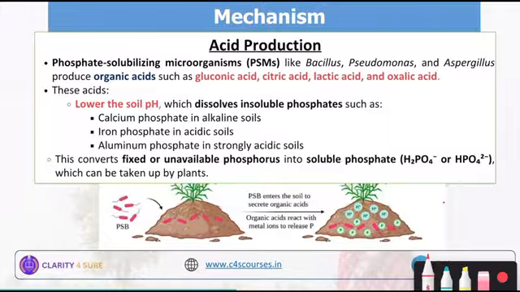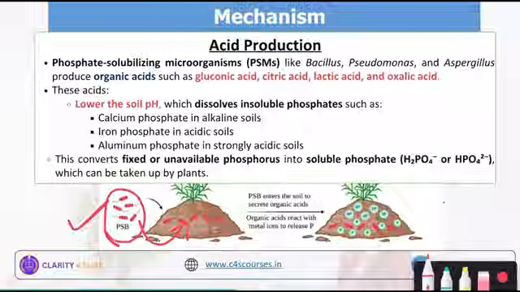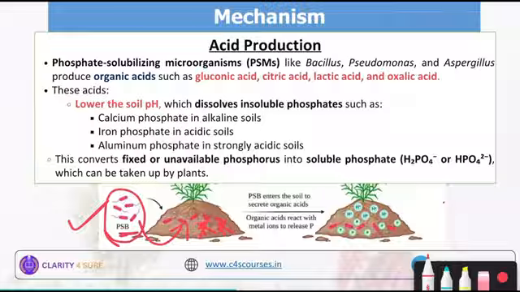So the first thing, from this diagram, let's try to understand what they are doing. We applied phosphorus solubilizing bacteria here. Just see, the phosphorus here is not visible, right? But these phosphorus solubilizing bacteria are going to enter the soil. They are going to secrete organic acids, and these organic acids react with the metal ions. The metal ions were what? Calcium, iron, aluminium.